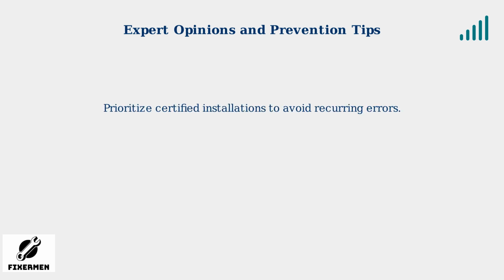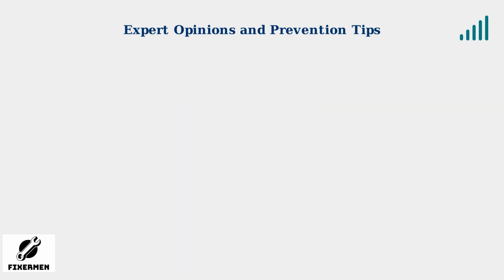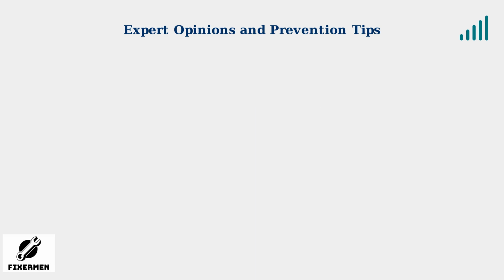To prevent these issues, experts strongly recommend prioritizing installations performed by certified professionals. Certified technicians undergo specialized training and adhere to industry standards, significantly reducing the likelihood of recurring communication errors. Beyond installation, regular maintenance plays a crucial role in prevention.